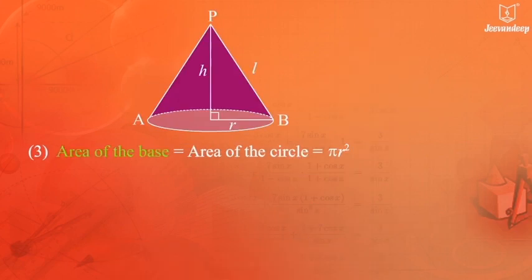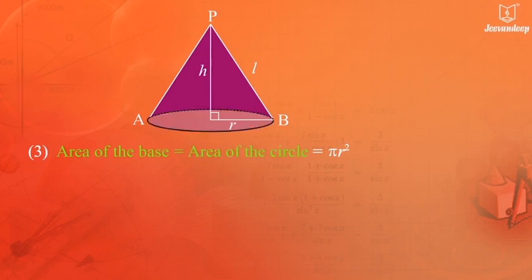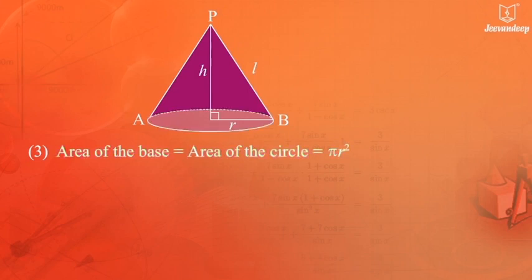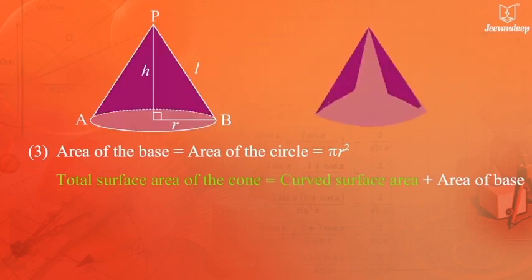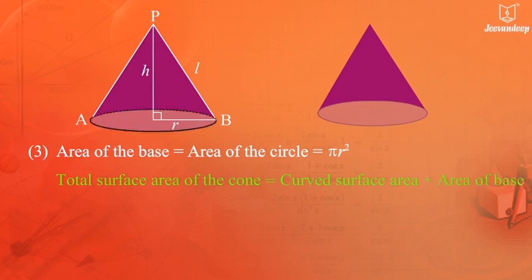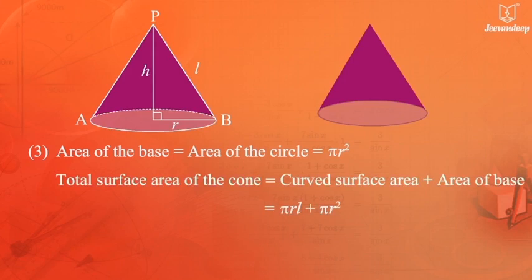3. Area of the base equals area of the circle given by pi r square. Total surface area of the cone equals curved surface area plus area of base, equals pi r L plus pi r square.